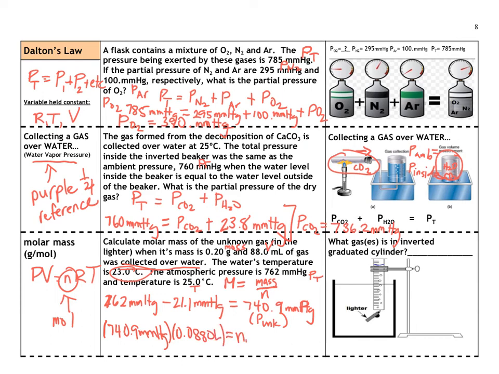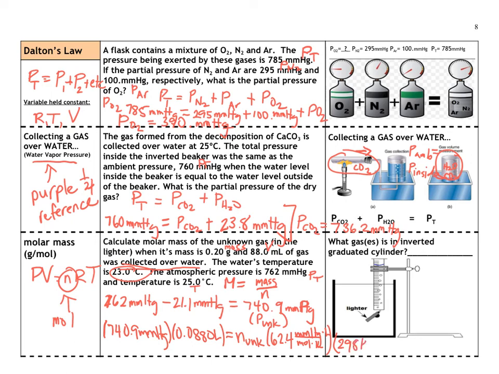N is what we're solving for, and I'll label it unknown. R is the constant, and the constant we're going to use is 62.4 millimeters of mercury times liters over moles times Kelvin. And then T, the temperature of our unknown gas, which is really our ambient temperature. 25 degrees Celsius is the ambient temperature of the surroundings, which is our unknown gas's temperature. Adding 273 to it is 298.